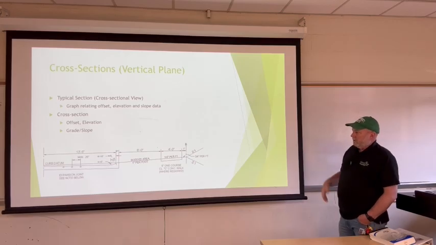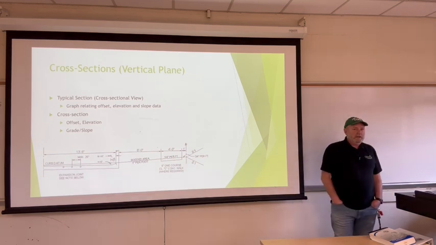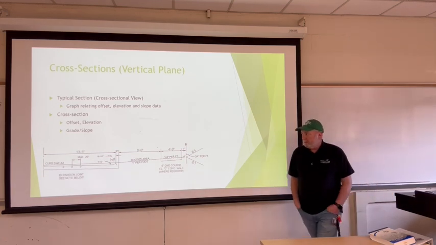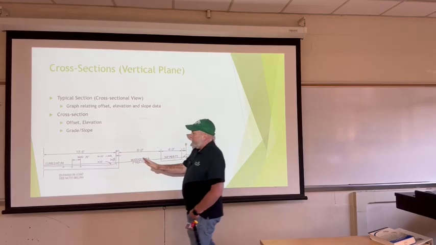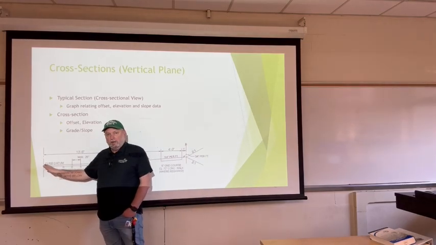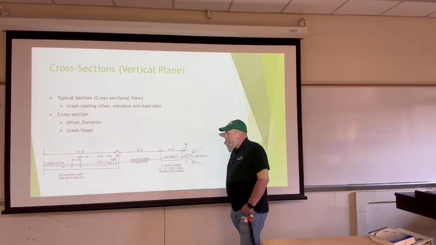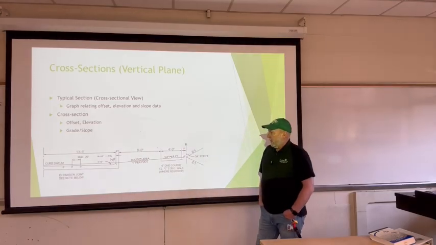What I have here is an example of a roadway typical section. So this is the way the road is going to be built. On the far left, your beginning point is typically the center line of the roadway or the center line of your alignment, showing you how wide the pavement is, where your curb is, how they want this graded out to the right of way.